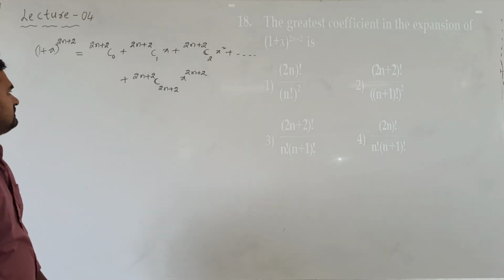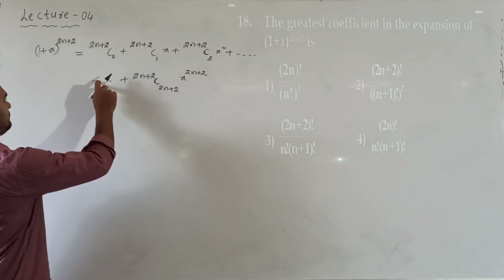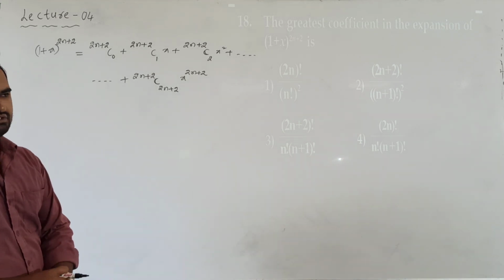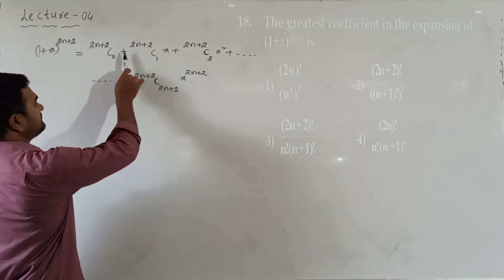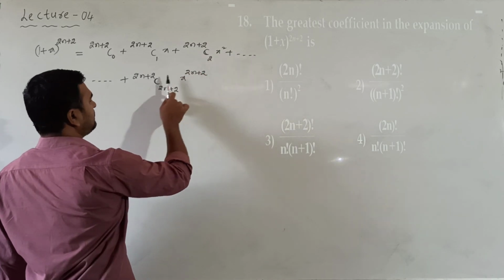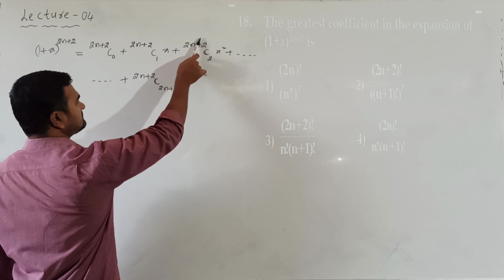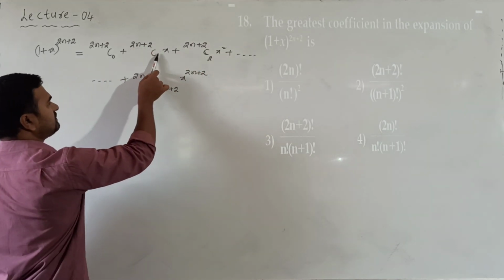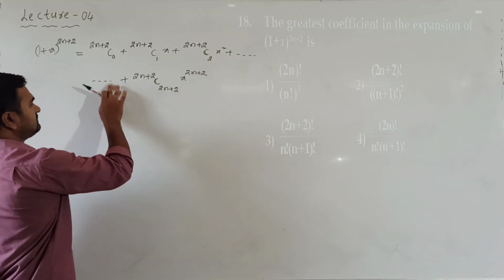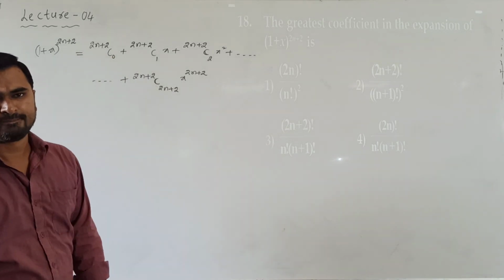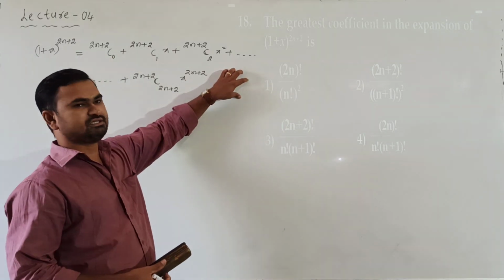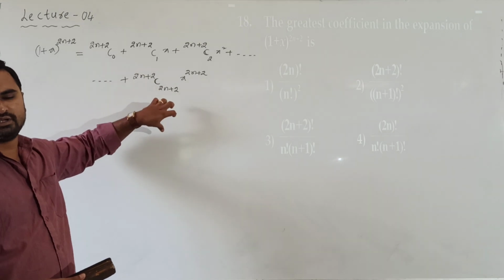So this will be the expansion for (1 + x)^(2n+2). Now if you observe each of these terms, what are the coefficients of x powers? They are nothing but the binomial coefficients. Okay. So in this particular problem, the greatest coefficient is nothing but the greatest binomial coefficient.